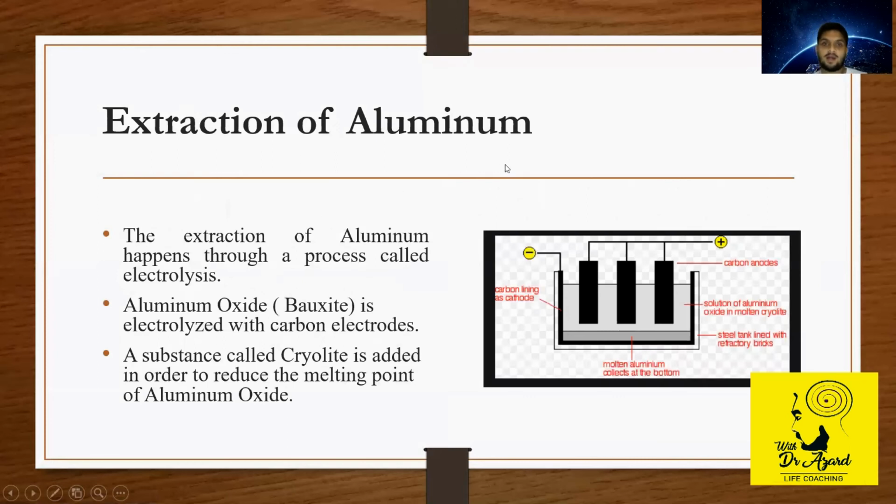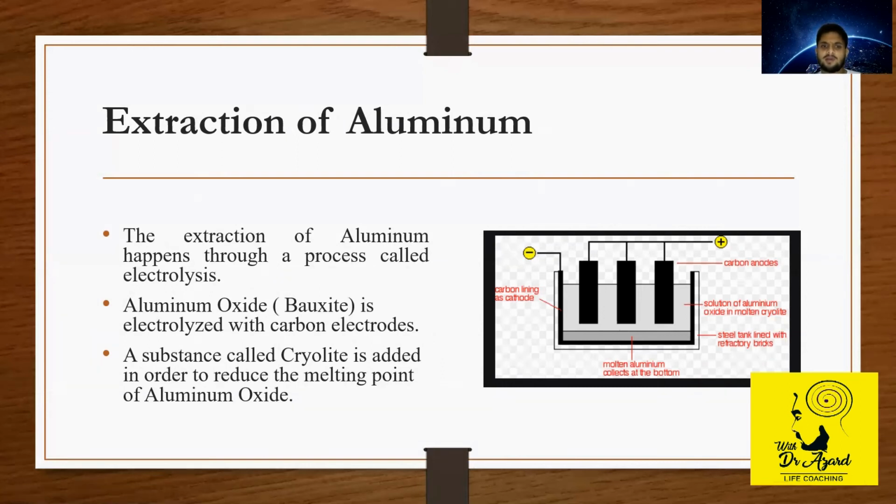Then we come to the other extraction process that we are supposed to discuss, which is extraction of aluminium. As you remember from the reactivity series, it is in the top portion, and for any element in that top portion from potassium to aluminium, we need to use the process of electrolysis in order to get the metal.